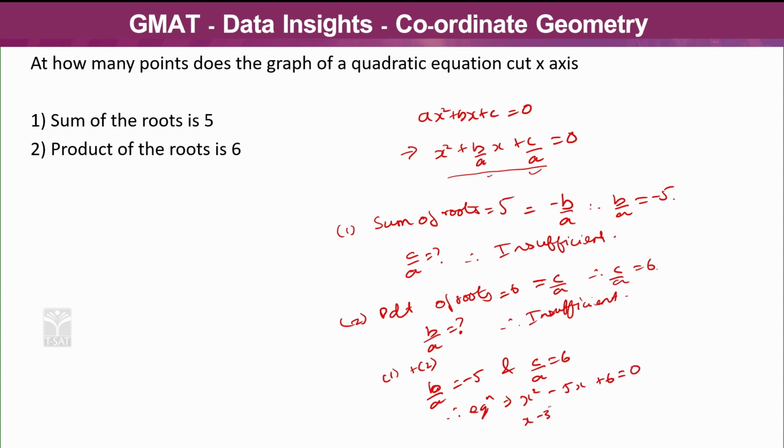This will be equal to x minus 3 into x minus 2 is equal to 0. Therefore you are able to solve for x. Therefore these two statements together are sufficient to answer your question. So, when statement 1 alone is insufficient, statement 2 alone is insufficient, but statements 1 plus 2 together are sufficient to answer the question, the answer option becomes C.